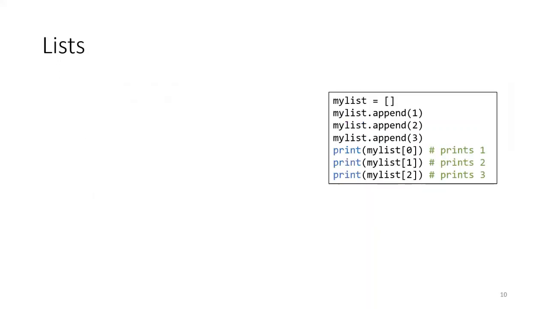So let's see what are lists and why it is good to use them. Lists are simply a bunch of variables. They store a bunch of variables. You might say, okay, why do we need lists? We can define as many variables as we want and we set their values and that's it.